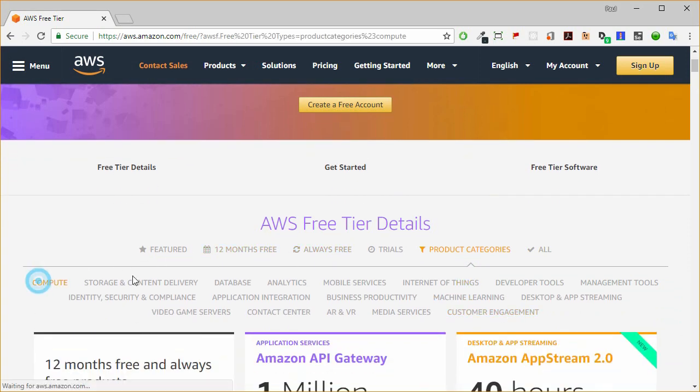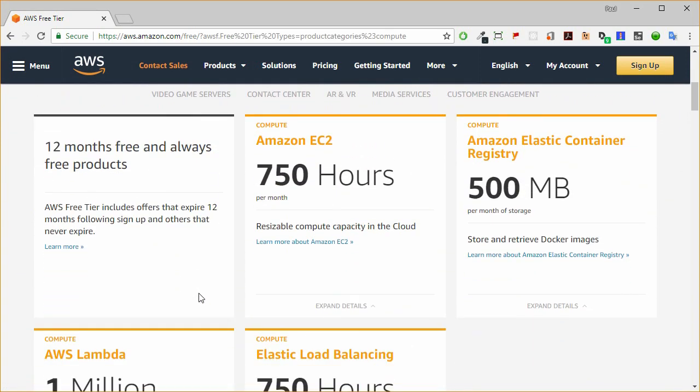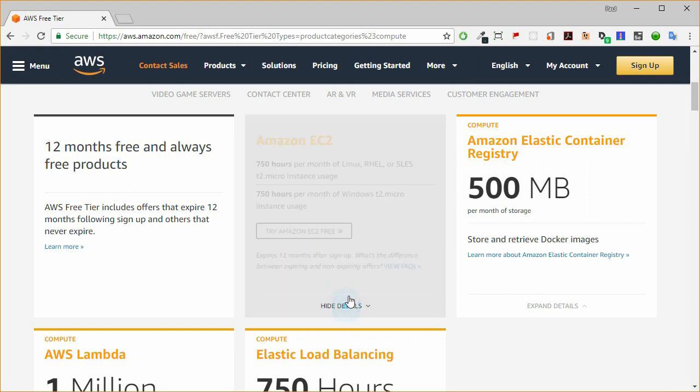So under compute, we've been using Amazon EC2, and we'll be using it quite a bit throughout this course. And that will give you 750 hours free for 12 months per month. So what that means is that we can have 750 hours per month of T2 micro instance, and that will expire 12 months after signing up for AWS.